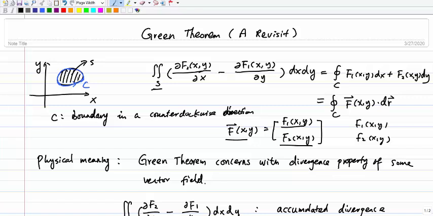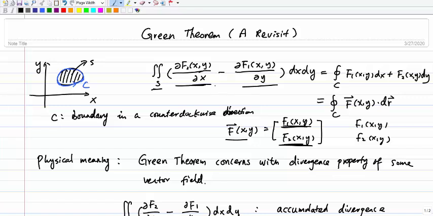Okay, if that's well defined, also I have two functions, f1(x,y) and f2(x,y), and both these functions are continuous with respect to x and y, and also the partial derivatives, which means partial f2 over partial x and partial f1 over partial y, do exist and they are continuous.